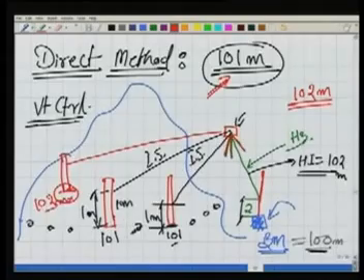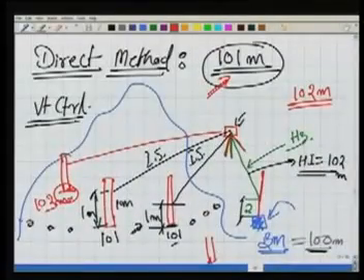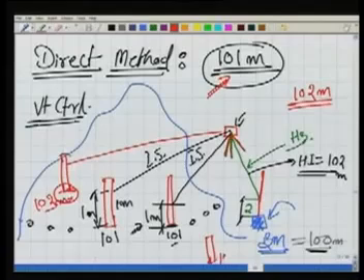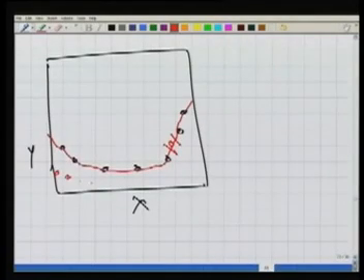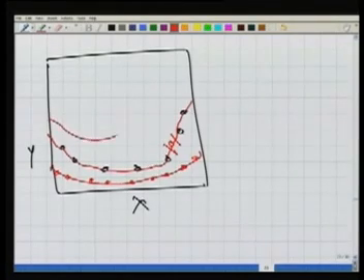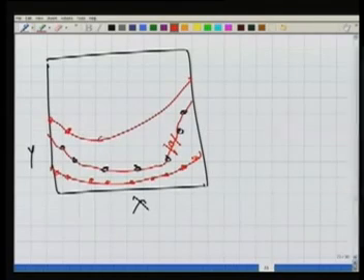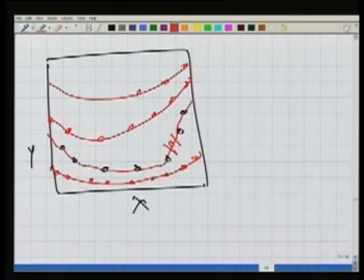Or for example, 103 meter, 100 meter. There is still no contour of 100 meter. You keep this staff in these locations where it is 100 meter. So we are generating all these points, plotting them by horizontal methods of control also, and this is how our contours will be generated. So this is the direct method of contouring.